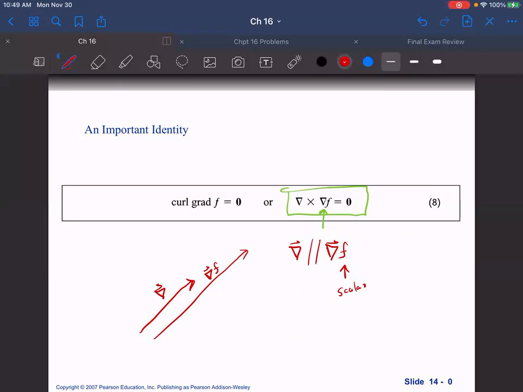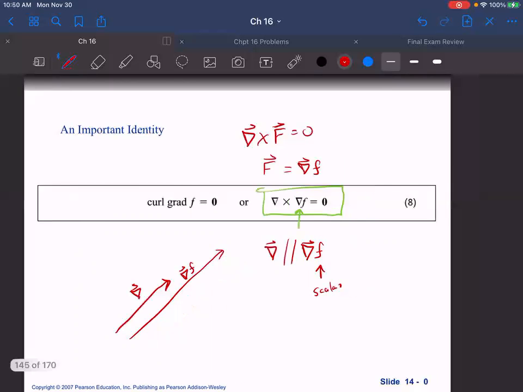That tells us that the curl of our gradient is 0. In other words, if del cross F equals 0, that implies that F is the gradient of a scalar field, which means it's going to be conservative.